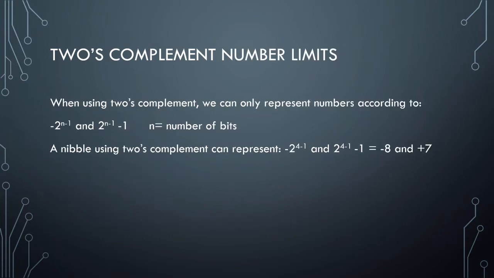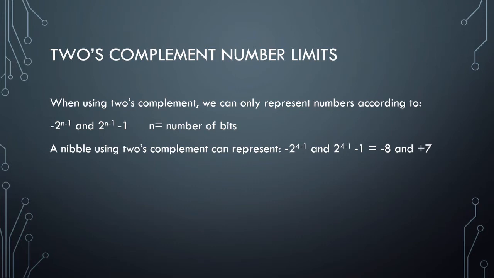Something else that's really important that I've waited to talk about until we've worked through a couple examples, because I think it'll be a little bit easier to understand now, is that when we use 2's complement, we're using that most significant bit to represent either a positive or negative number, right? So we need to make sure that we know the limits of the number we're working with. Typically we've been working with nibbles, or four bits, right?